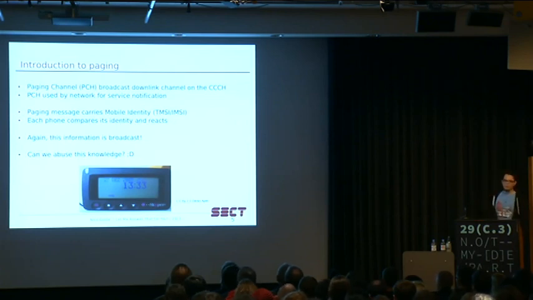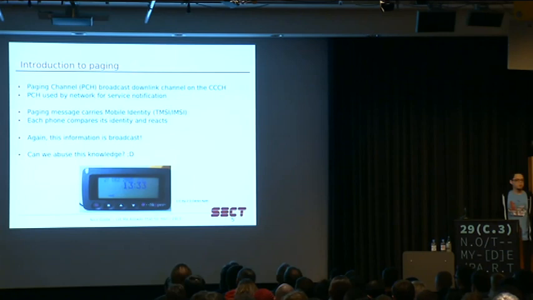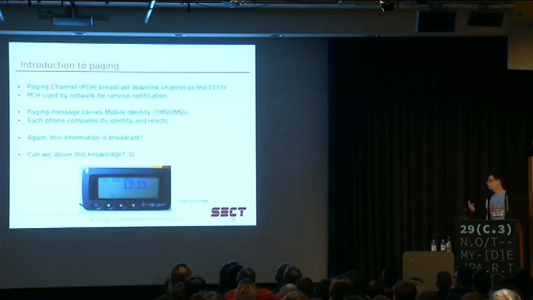It is used to transfer a message to phones listening to this broadcast channel to let the phone know, hey, here's a service, please accept this service. On this paging channel, the network sends messages called paging requests, and those messages contain a mobile identity. The interesting types for this talk are the temporary mobile subscriber identity and the international mobile subscriber identity.